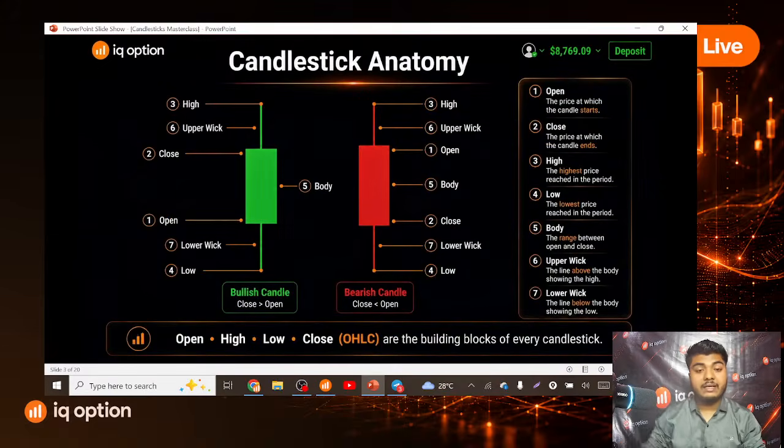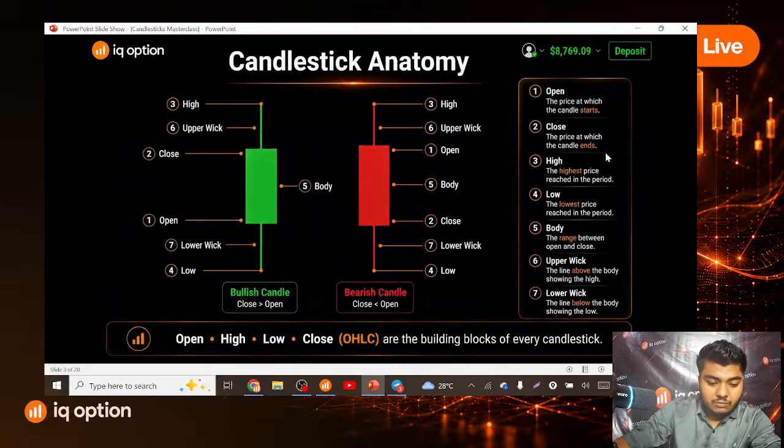Our next slide is about candlestick anatomy, how a candlestick is actually formed. First, let's understand how many parts a candlestick has. A candlestick has six important parts. The first is when the price opens. Let me indicate this one.